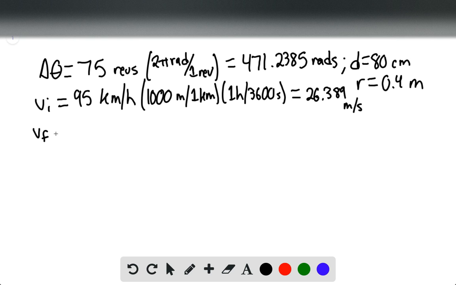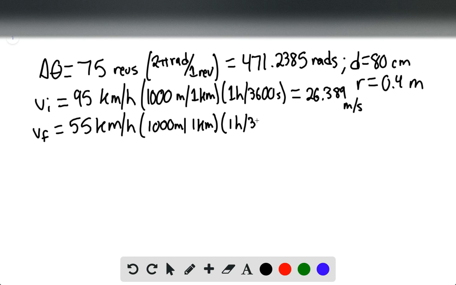Our velocity final will be 55 kilometers per hour times, again, 1,000 meters per every kilometer times 1 hour for every 3,600 seconds. And this is going to give us 15.277 meters per second. At this point, they want to ask what's the angular acceleration.